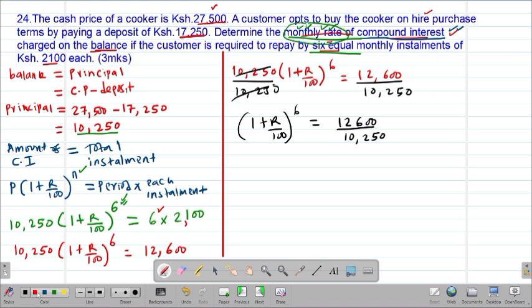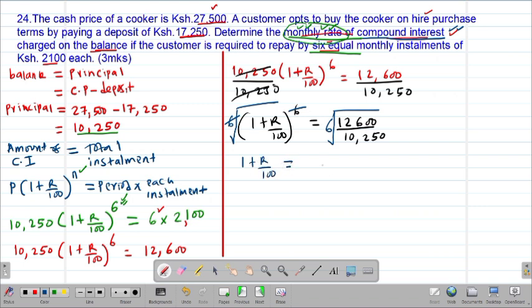To solve for the unknown, I'm going to take the 6th root on both sides of this equation, so that the 6th root and the power 6 cancel out. That means you're going to remain with 1 plus R over 100 being equal to.